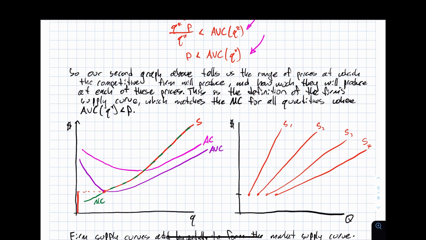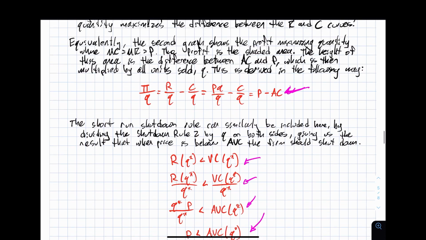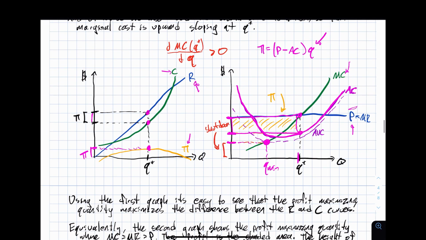So what this second graph here tells us is that the price intersecting the marginal cost curve is what determines how much we should supply.